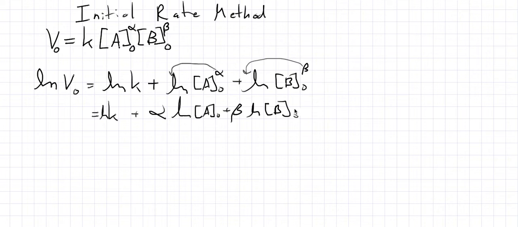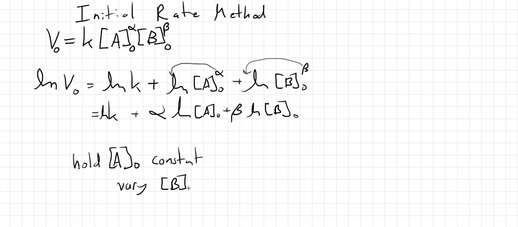And that allows us then to probe the kinetics by holding one of those numbers constant and varying the other. So what we might do is an experiment where we hold the initial concentration of A constant, but we vary B naught. If you do that, you could do a plot.